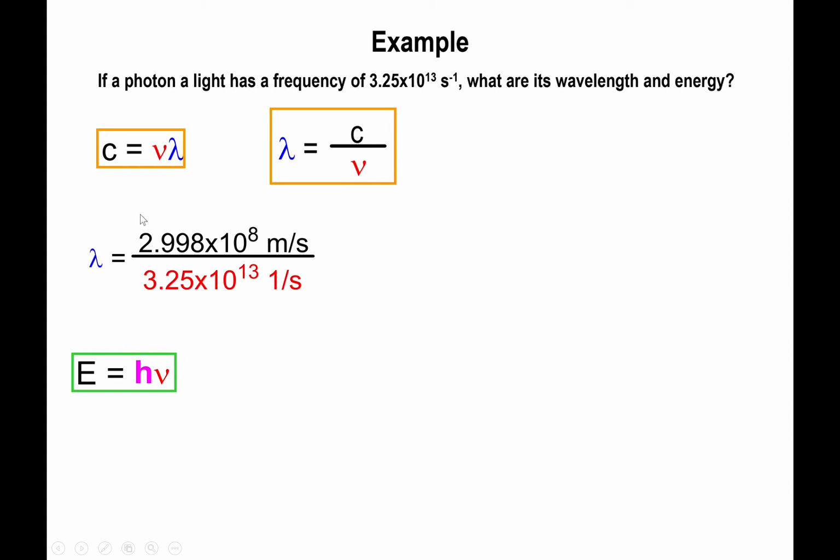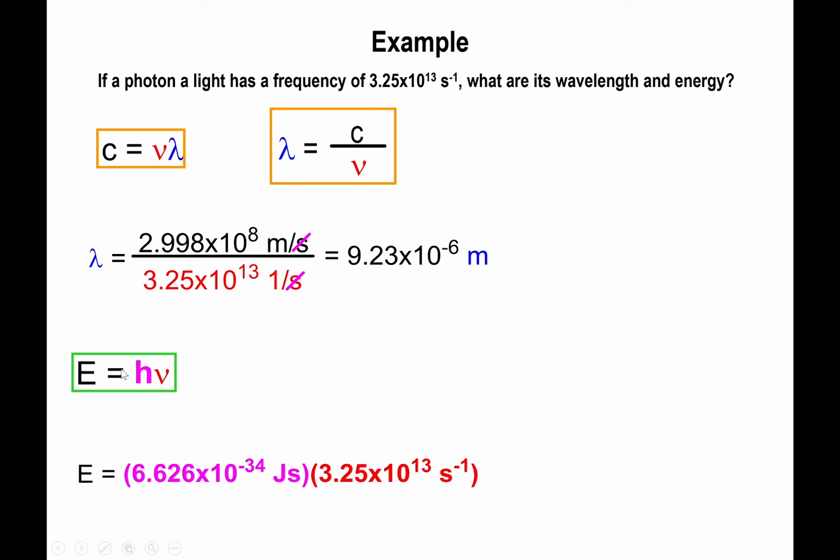So enter open parentheses 2.998 times 10 to the 8 close parentheses divide by open parentheses 3.25 times 10 to the 13 close parentheses and then press enter. You should find out that yes, seconds cancel out, but more importantly that you end up with the following answer. I would recommend that you do this calculation with your calculator and make sure you get the same value that I got. If you're getting a different exponent, that's probably because you forgot to use your parentheses.